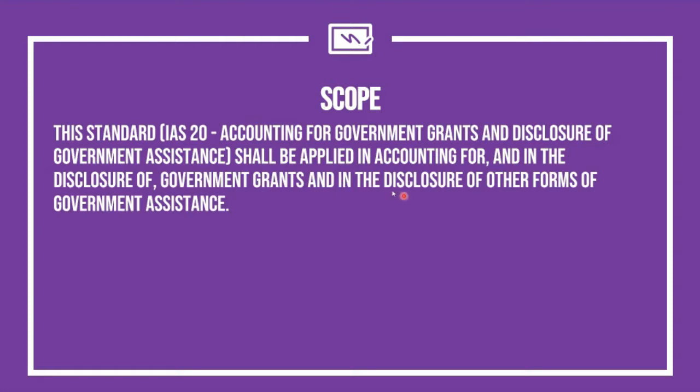The basic reason is because government grants are generally directly affecting our business. So meaning we can account for the direct impact of the grant to our entity or to our business. While in the case of government assistance, since it is a general help that is coming from the government, it is difficult for us to be able to determine the direct impact or the direct monetary impact of that assistance.